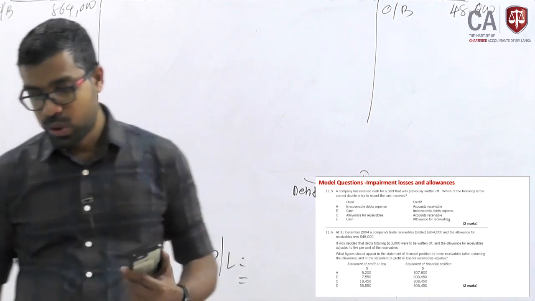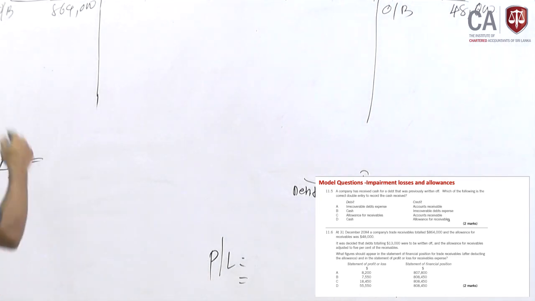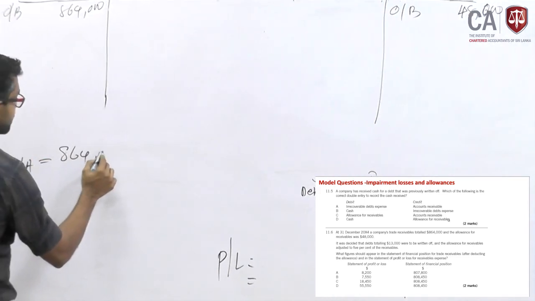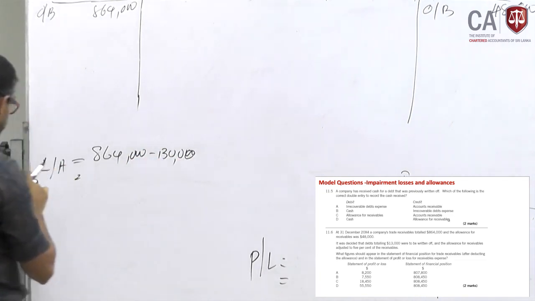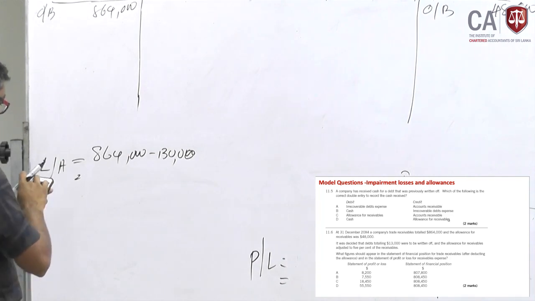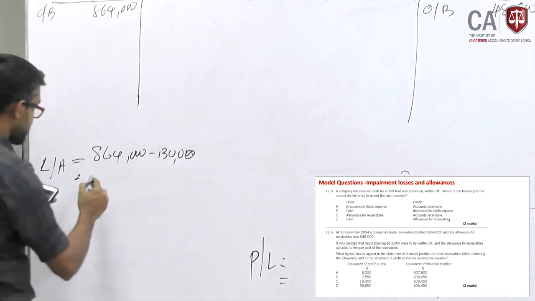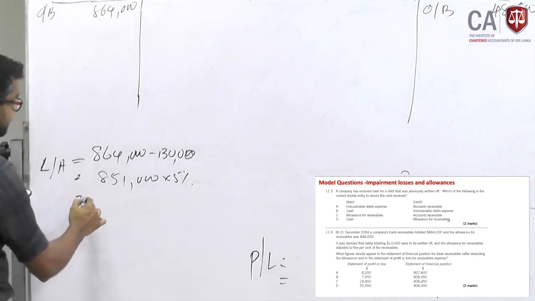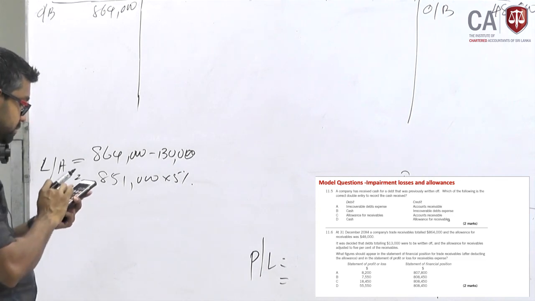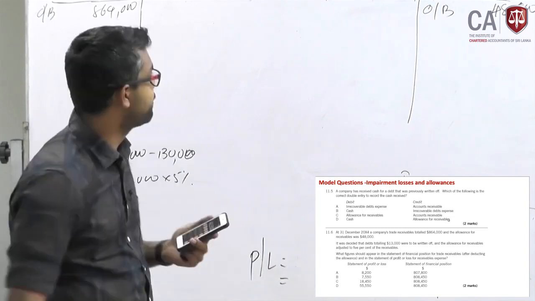So 5% of the outstanding balance. 864,000 minus 13,000 is 851,000, into 5%. 42,550 is the closing balance.